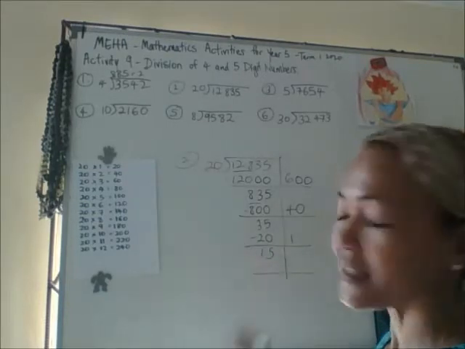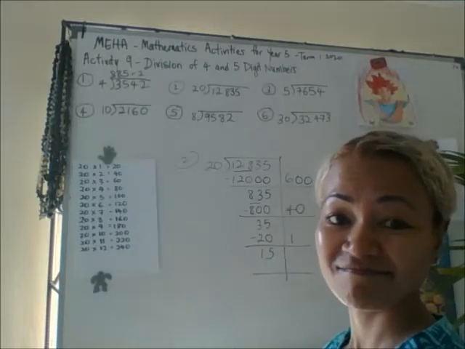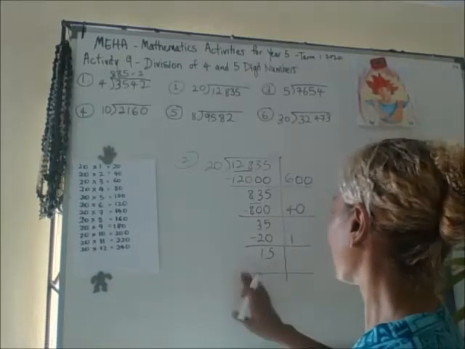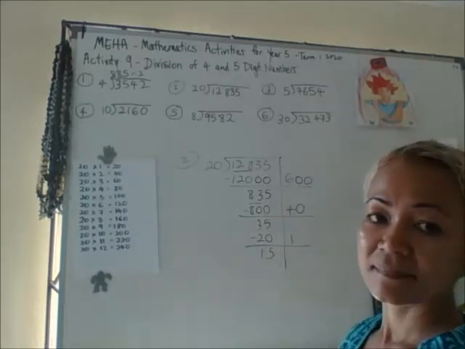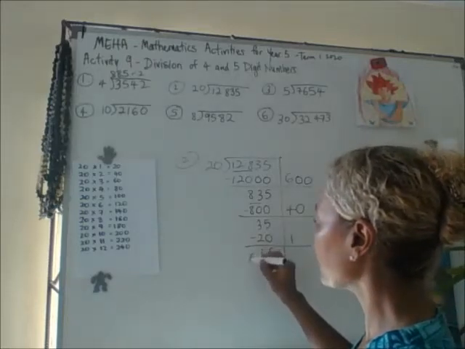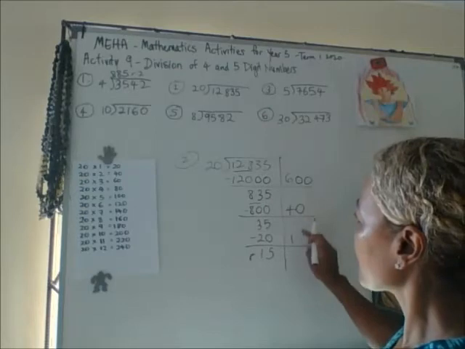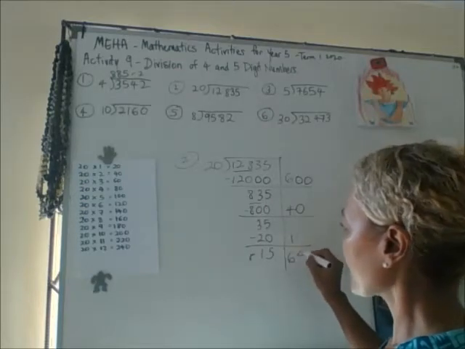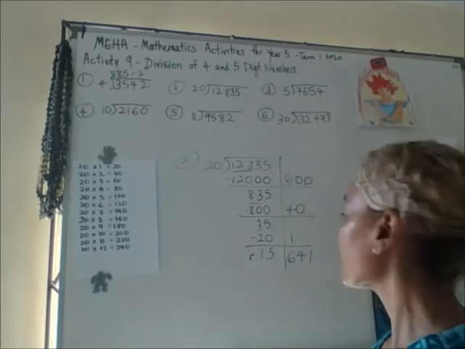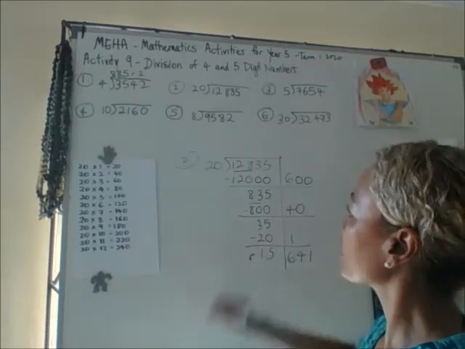How many times will 15 go into 5? It can't. So that becomes your remainder. 600 plus 40 plus 1, 641. So there's your answer. 641, remainder 15.